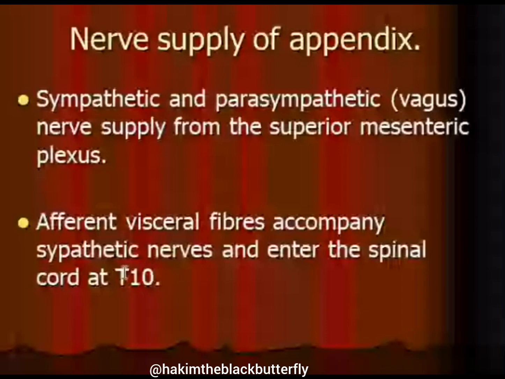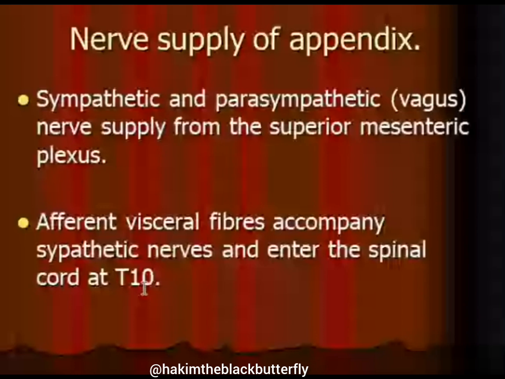And then they are picked by the sensory nerves going to the skin over the umbilicus. And when those impulses reach the skin of the umbilicus, you sense them as pain. That is why if you have appendicitis, inflammation of the appendix, you're going to sense pain around the skin of the umbilicus.